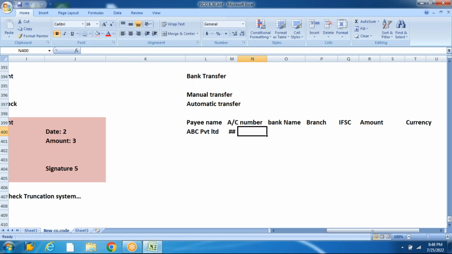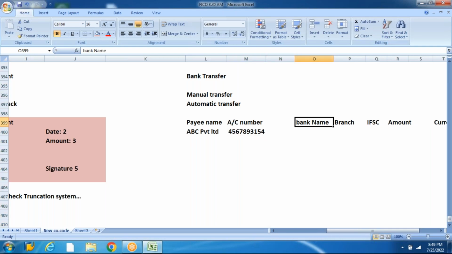Bank: Axis Bank. Branch: Station Road. IFSC: some Axis IFSC.